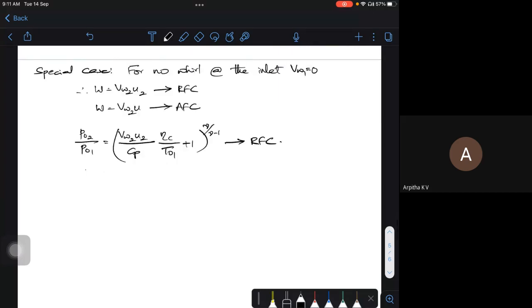Or I can write P02 by P01 is equal to VW2 into U divided by Cp into compressor efficiency divided by T01, plus 1, the whole to the power of gamma by gamma minus 1. This is for an axial flow compressor.